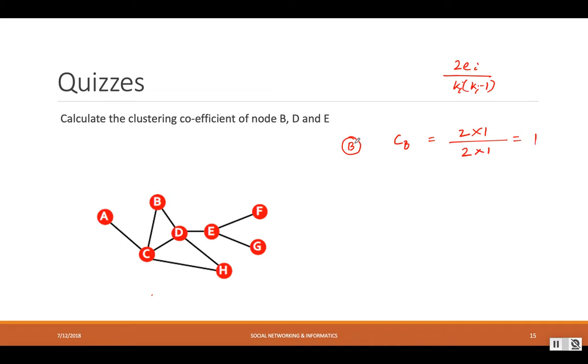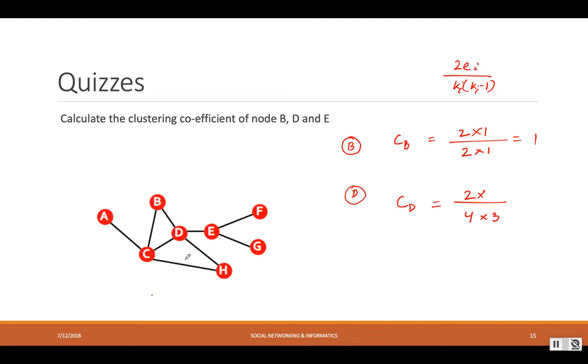So let's calculate for D. D has how many friends? B, C, H and E. So D has 4 friends, so 4 times 3, and let's find out the value of Ei.